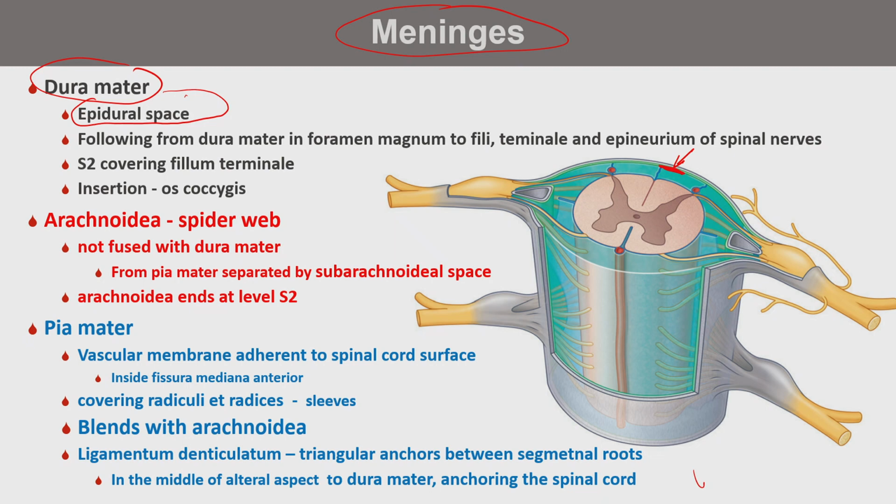The cerebrospinal fluid is a product of the choroidal plexus in the ventricular system of the brain, so in the lateral ventricle, third and fourth ventricle, then is escaping at the level of the medulla oblongata, the intracerebral space, and then is surrounding the central nervous system in the subarachnoidal space, also the spinal cord.